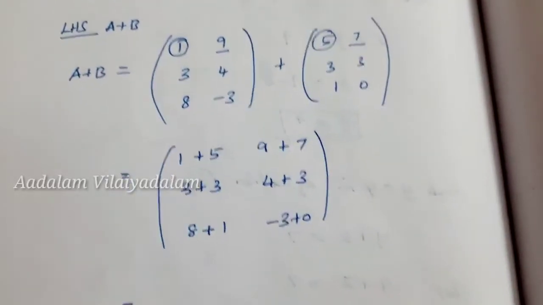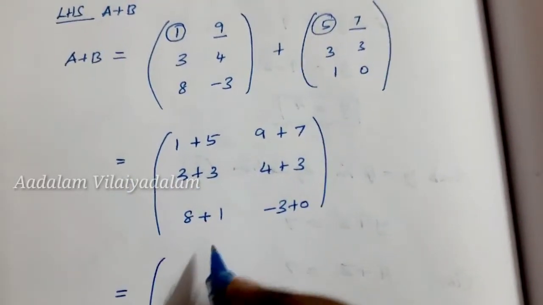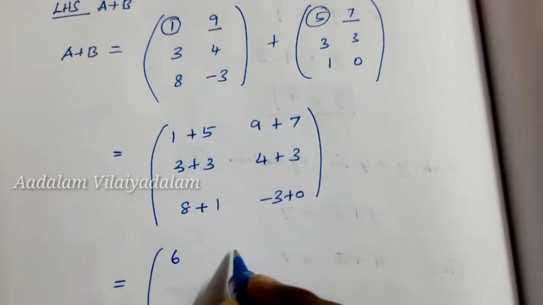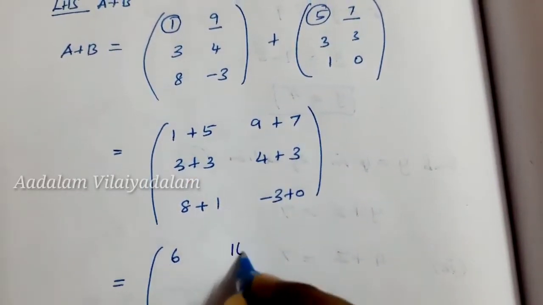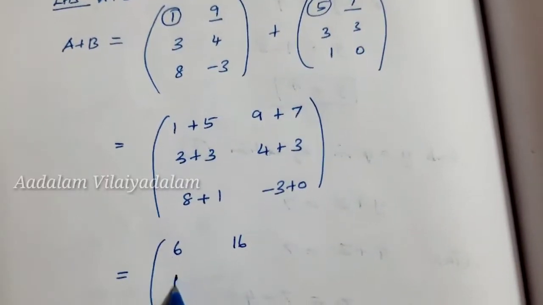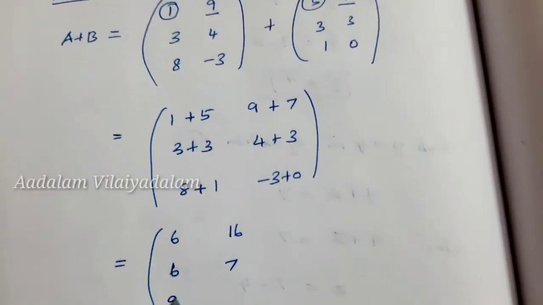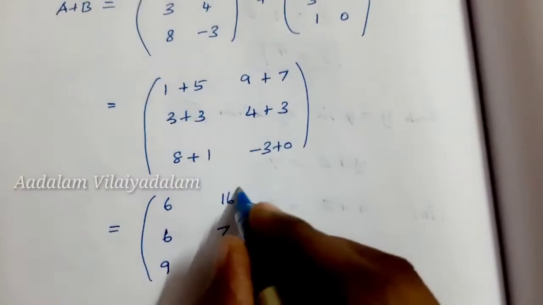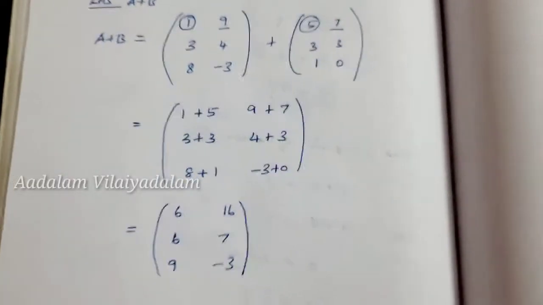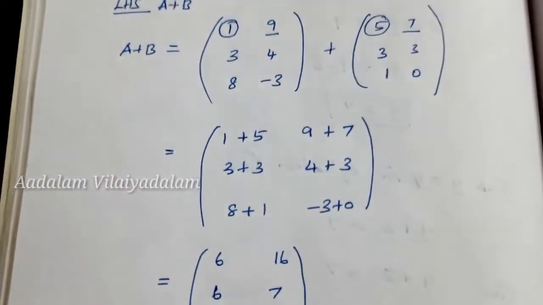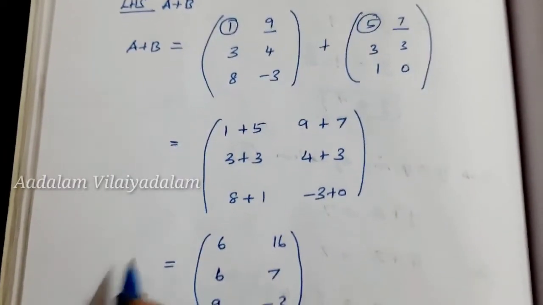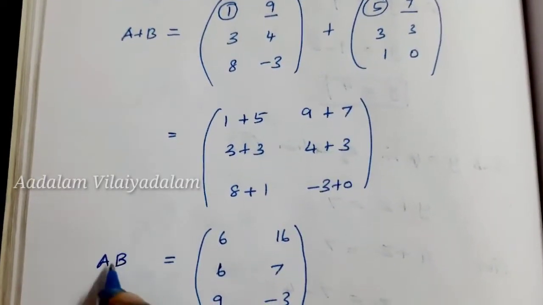Now on addition of these values, we get 6, 16, 6, 7, 9, minus 3. So we have added the two matrices and we get A plus B.